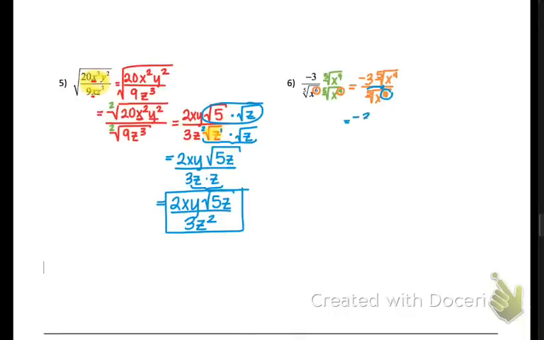So the top is simplified, negative 3 times the 5th root of x to the 4th. But then what's going to happen down here is 5 goes into 10 twice with none left over. So there we have our answer right there. Again, one's not better than the other. It's just two different ways to look at the same problem. Make sure that you always rationalize. If it's not rationalized, it's not done and it's not all the way right.